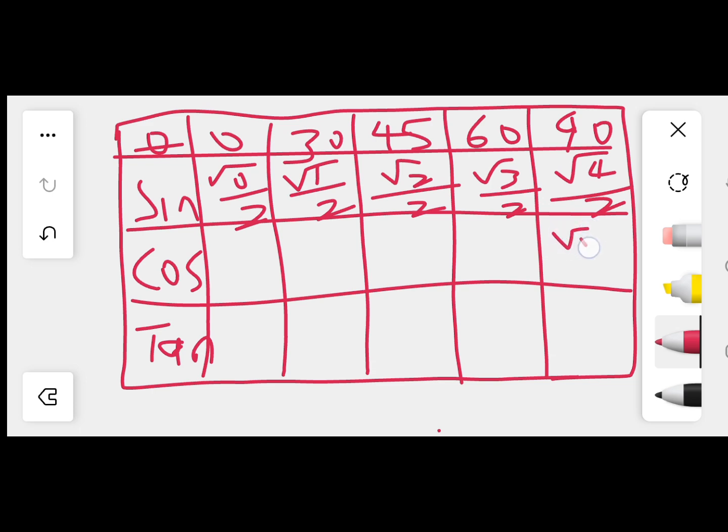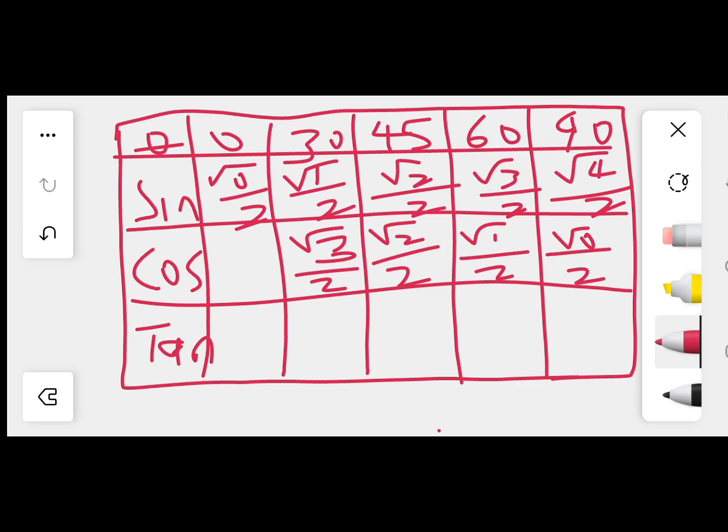Root 0 over 2, root 1 over 2, root 2 over 2, root 3 over 2, root 4 over 2.